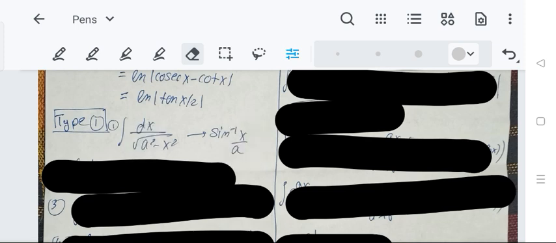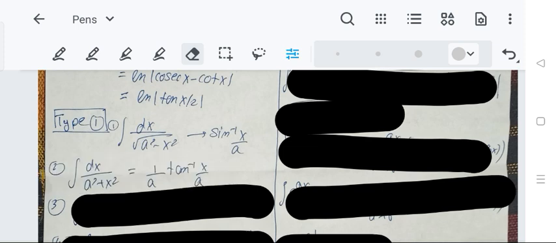So the integration of 1 upon root of a square minus x square is sine inverse of x by a. Then this integration and the integration of dx upon a square plus x square, which is equal to 1 upon a tan inverse of x by a, are very much used. These two integrations are very much used, you remember.